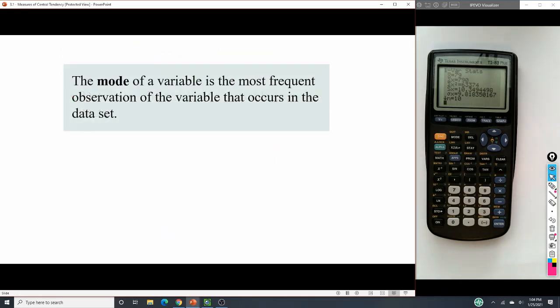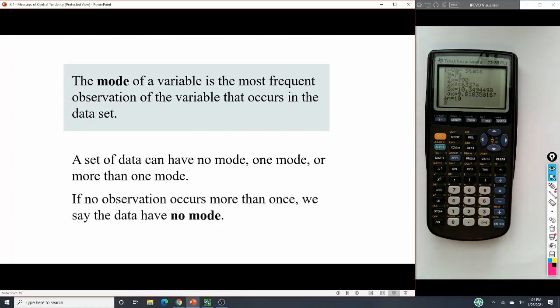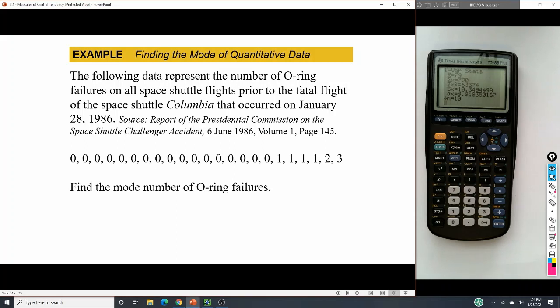All right, the mode. Mode is the most frequent observation that occurs in a data set. We can have no mode, we can have one, or we can have more than one. If no observation occurs more than once, we say no mode. All right, so here we look at these O-ring failures on this spaceship.